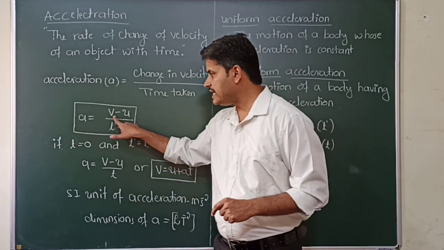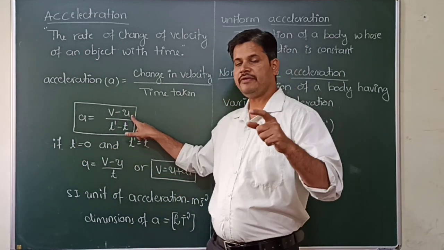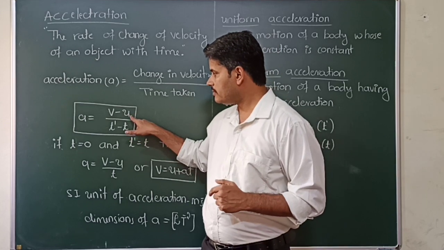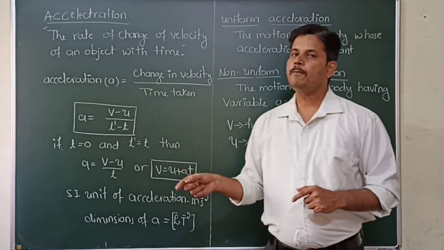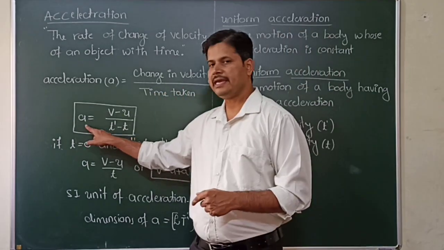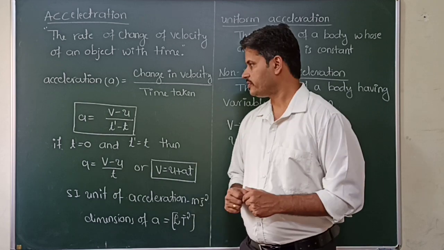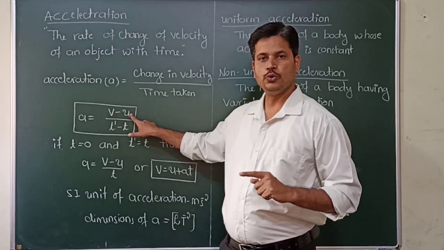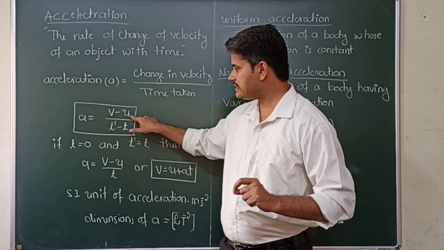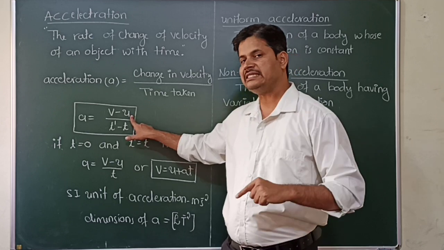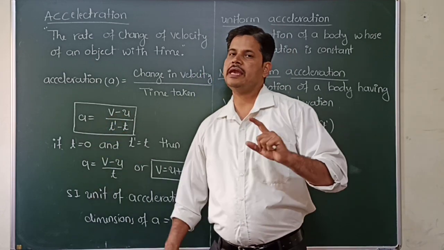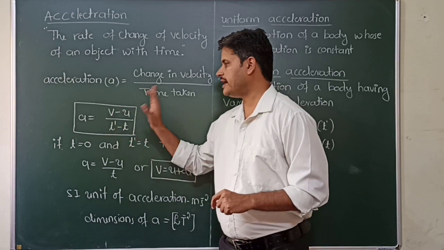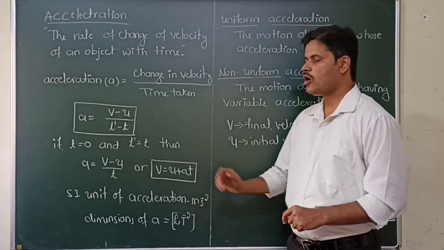If v is greater and u is smaller, and u is along the positive x-axis, then a is positive. If v is less than u and u is along the positive x-axis, then a is negative. Okay, when it is positive and when it is negative we have discussed. Remember all these things.